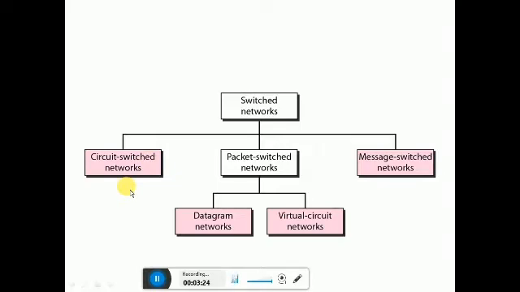A circuit switched network consists of a set of switches connected by physical links. A connection between two stations is a dedicated path made of one or more links.